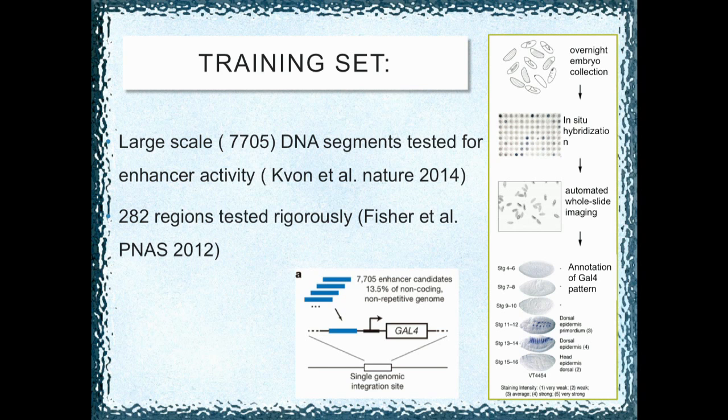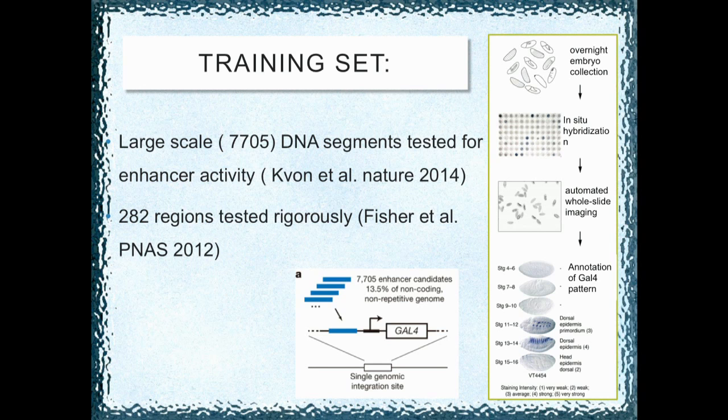So we had embryos of various stages, hopefully all stages, which were then hybridized, fixed, imaged, and annotated. However, while this was brilliant work, and they did 7,705 of them, which gives me a lot of data to work with, this still had some of the problems of very high throughput experiments, where not all plates had embryos of the relevant stage, and there were few embryos imaged on some plates.